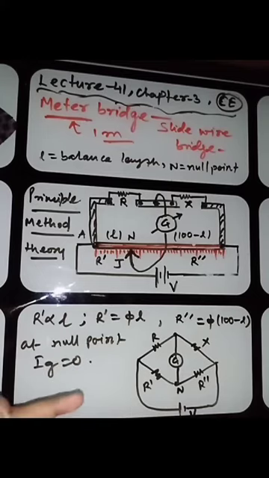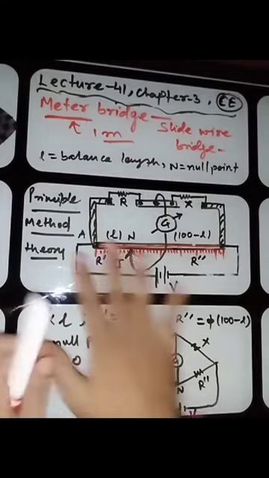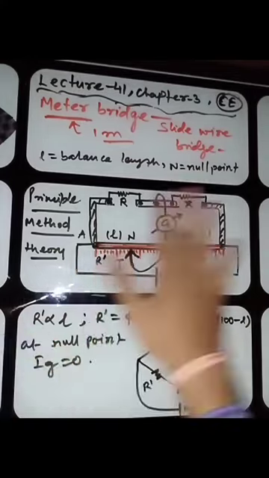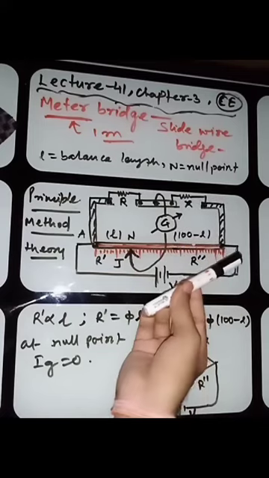Remember how you have to perform this experiment. After switching on, you have to put this jockey at one end. As you put this jockey at one end, what will you find? You will find a large deflection in the galvanometer, on one side. Remember, one side.